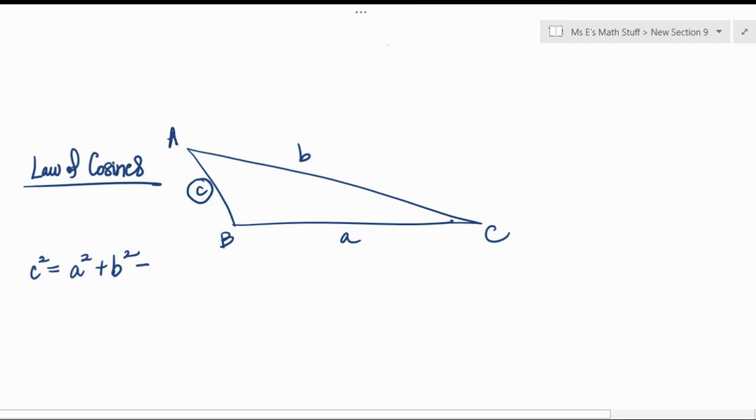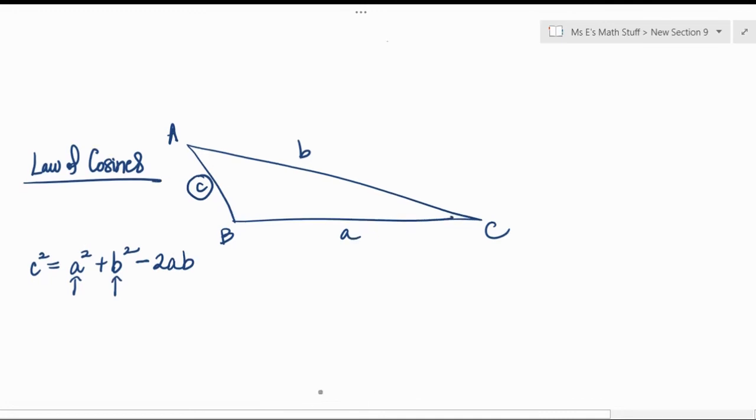And in the next video, you'll see an explanation algebraically as to exactly why this is here. But you'll see some error subtracted off. And it's of the form 2 times whatever length is right there times whatever length is right there. So 2 times a times b, and then times the cosine of whatever angle would be opposite that length that you started out with, which in this case would be angle C. And that's the pattern. That's it.